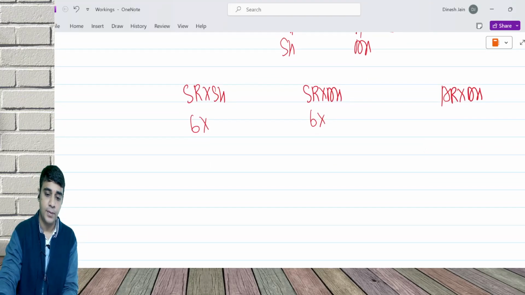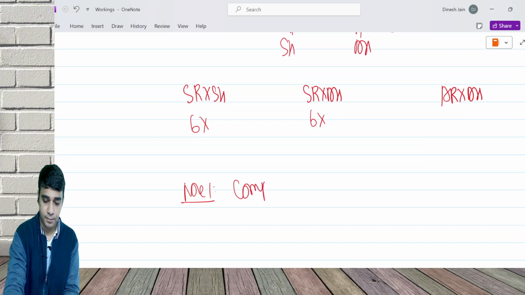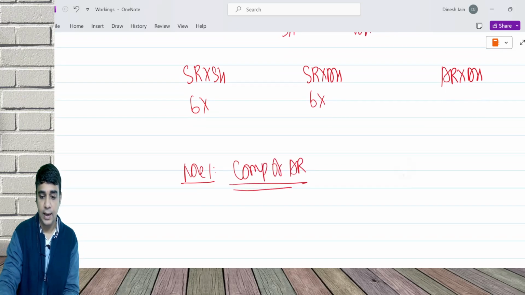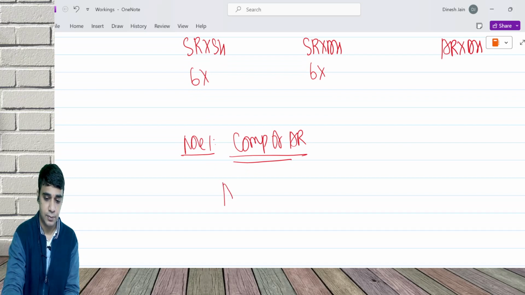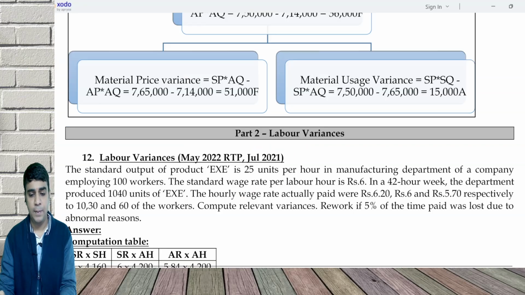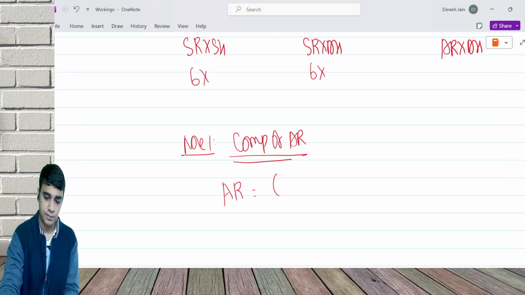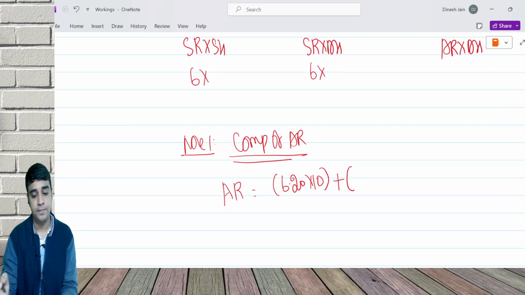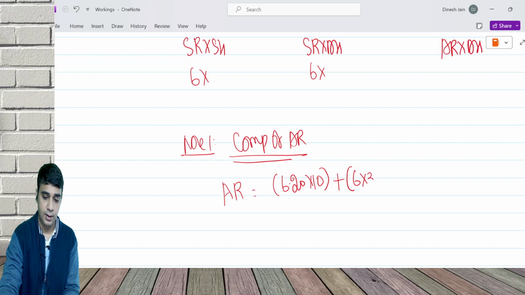Note 1, computation of AR. AR equal to, how many people are we paying 6.2? 6.2 into 10. This is the weighted average format. 6 to how many people? 30.